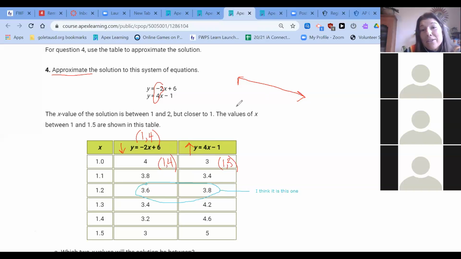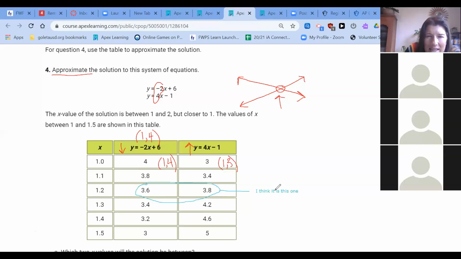And then we have another line where the y values increase over time. We are trying to figure out from a table where they intersect, where they cross paths. So let's look at our table. Can we tell from a table where the increase and the decrease cross each other?